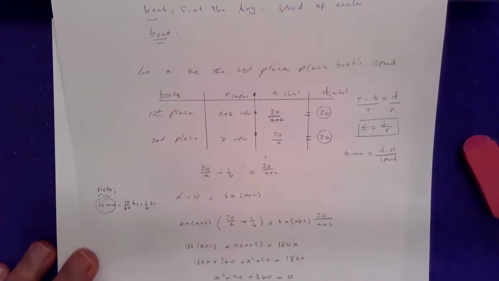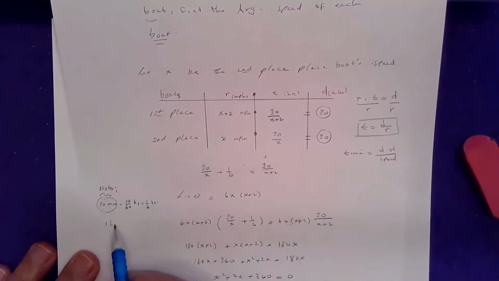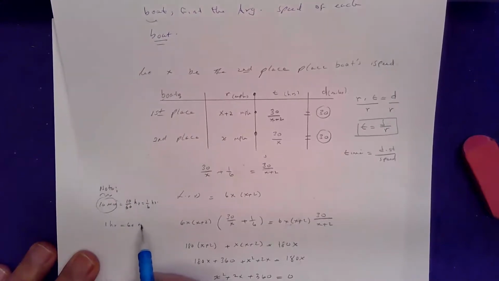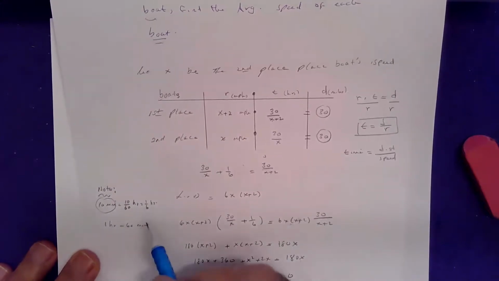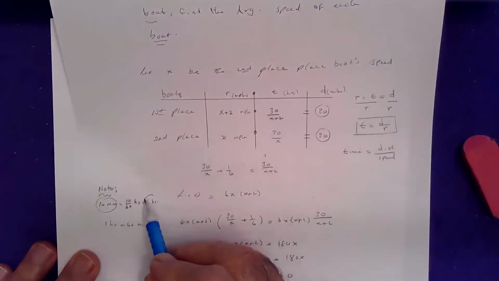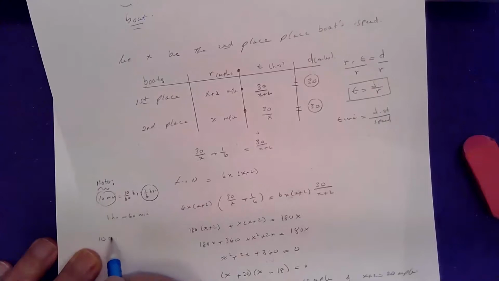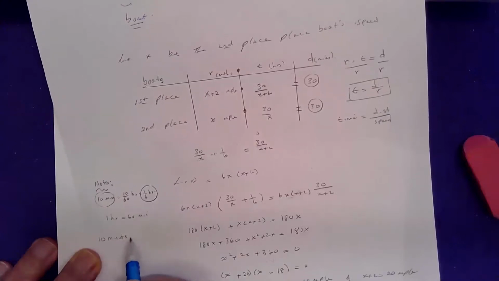Either you have to work with minutes or hours. So you need a conversion. 10 minutes, if you divide it by 60, because 1 hour is 60 minutes, gives you 1/6 of an hour. So saying 10 minutes is exactly the same as saying 1/6 of an hour.